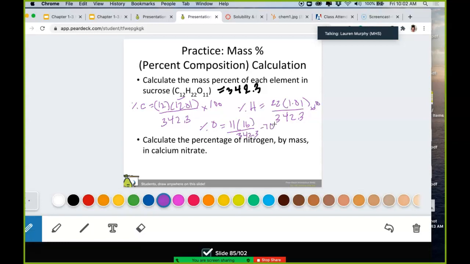And so go ahead and take a second to calculate them out. So give me 3 digits. Okay, so it's 42.1% carbon.